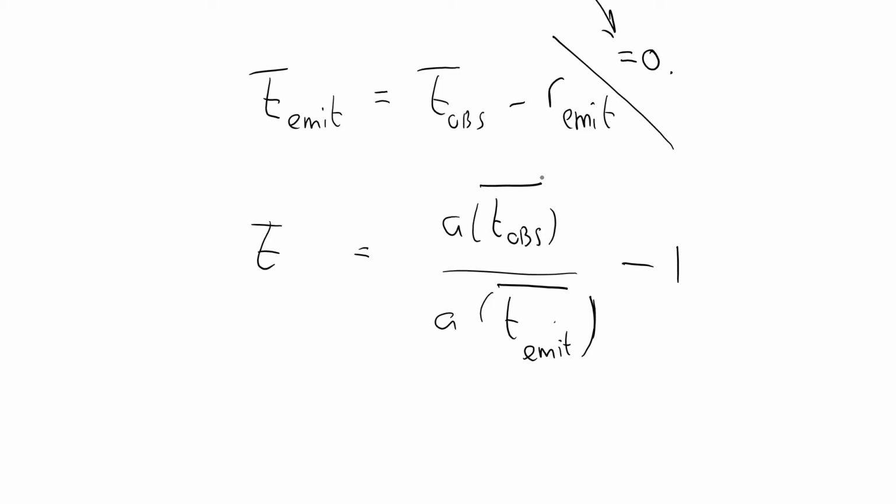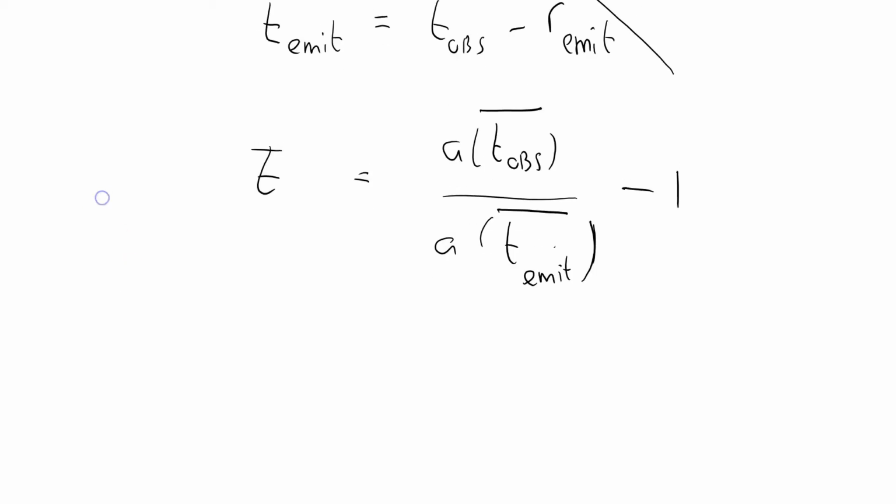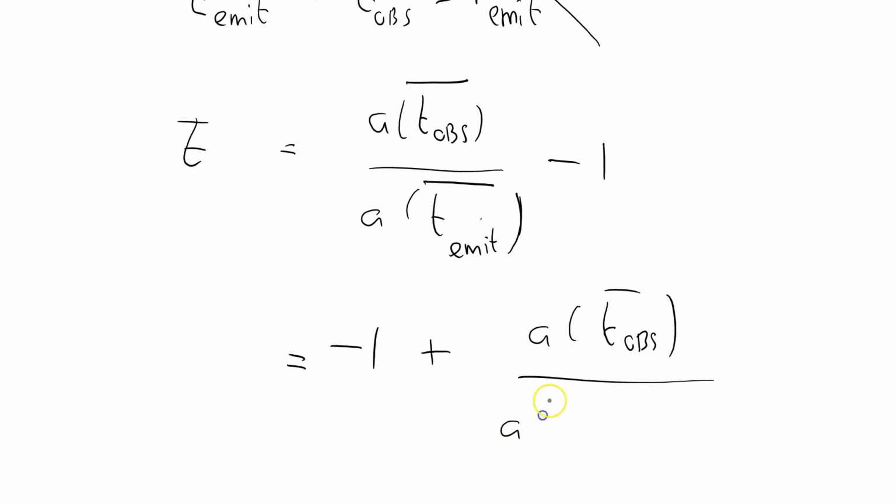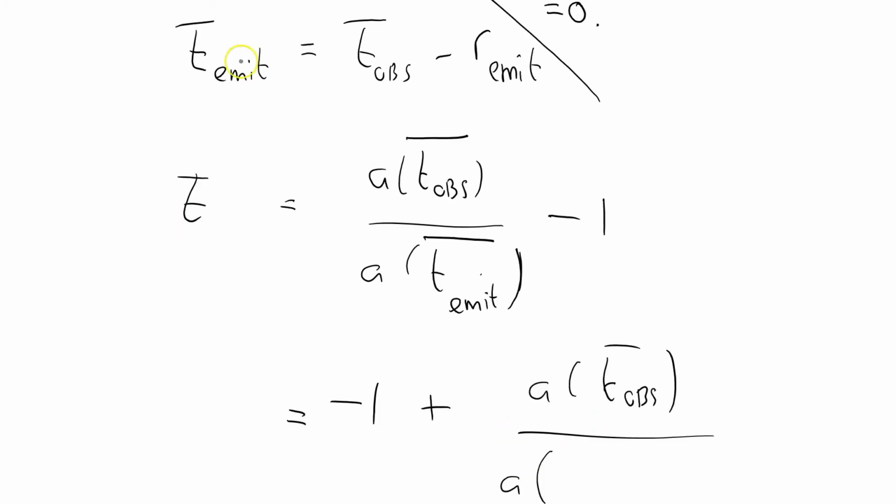I can do that. I can do anything. I can use whatever coordinates I like, and for my own purposes, I'm going to choose these barred coordinates here. Equals minus 1, it's easy to forget that minus 1, plus a of t obs bar over a of, I'm going to use this formula here, t bar obs minus r emit.